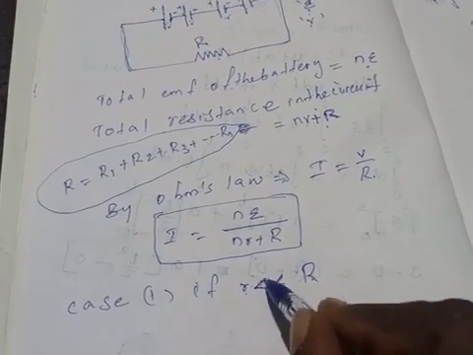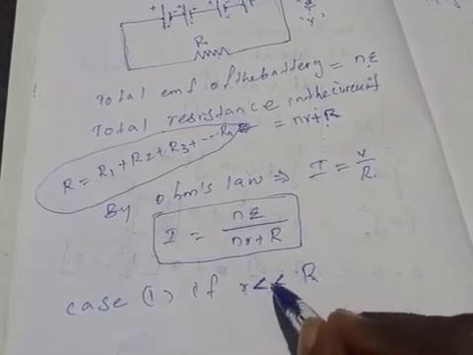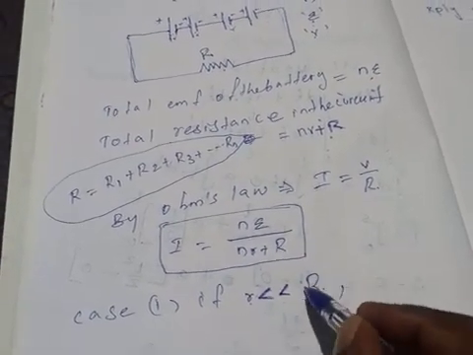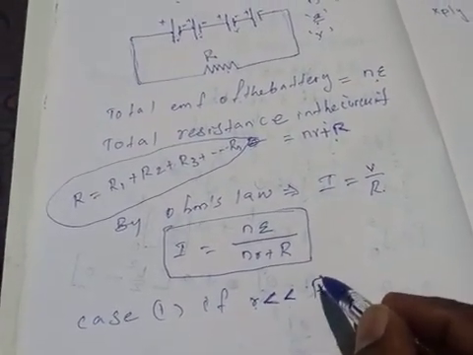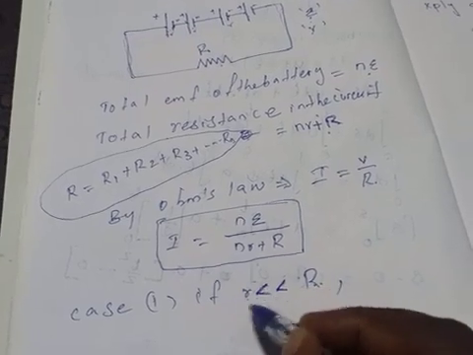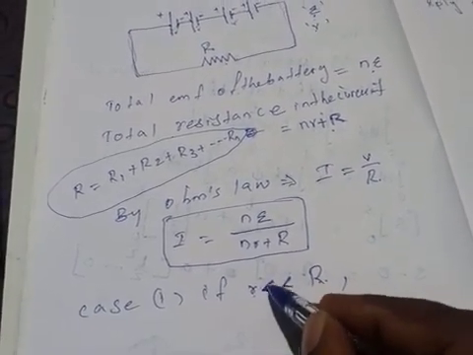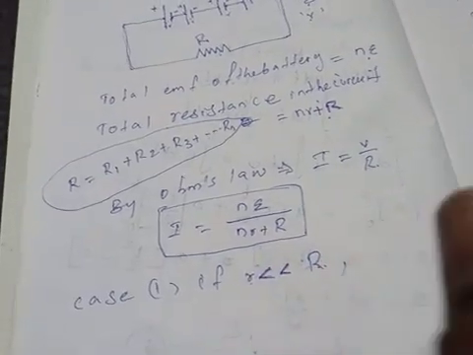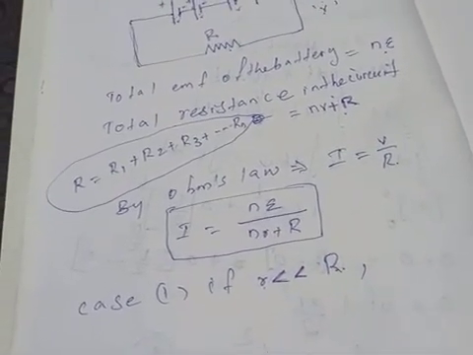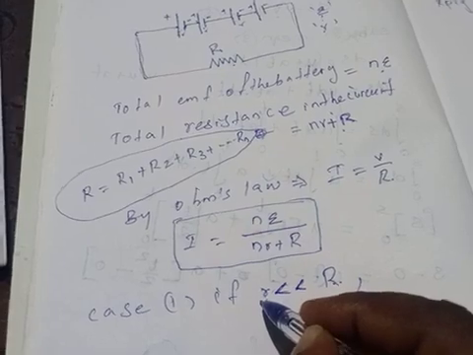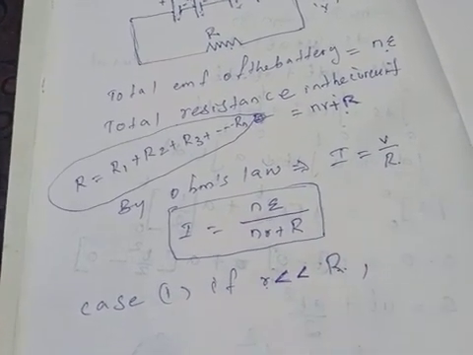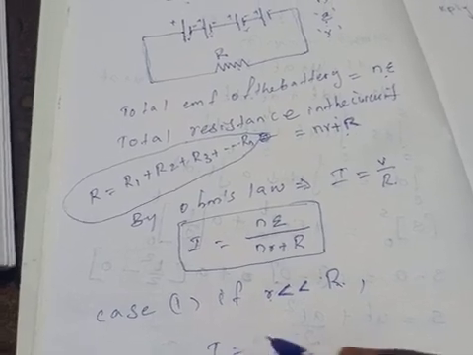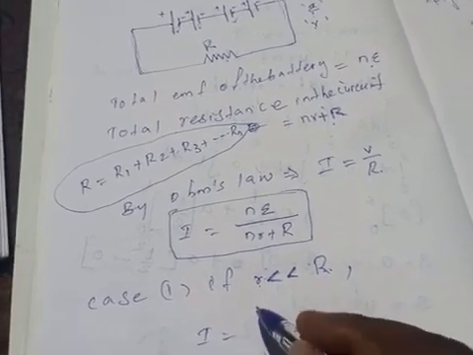This symbol indicates very much less than, so r can be neglected. This internal resistance r is very small when we compare it with the external resistance, so it is neglected.